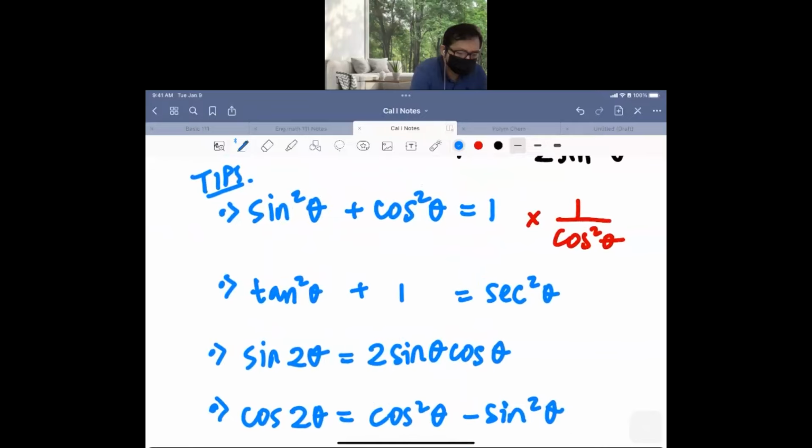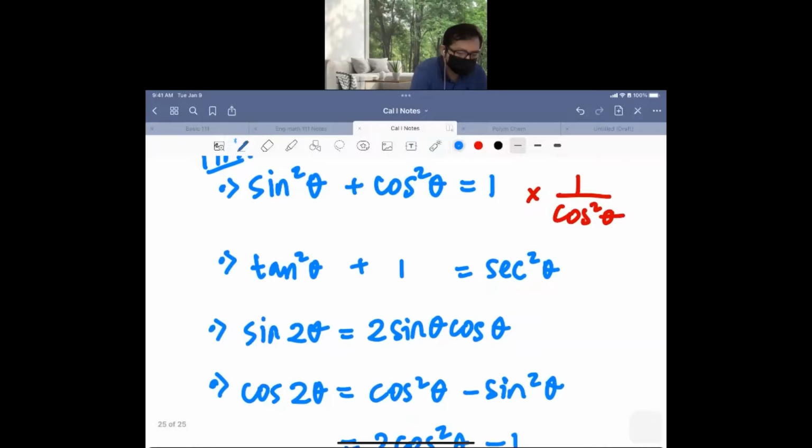So sine squared plus cosine squared equals 1. Tangent squared plus 1 equals secant squared. And remember, do not memorize without any understanding behind the problem, or do not blindly memorize all of this.